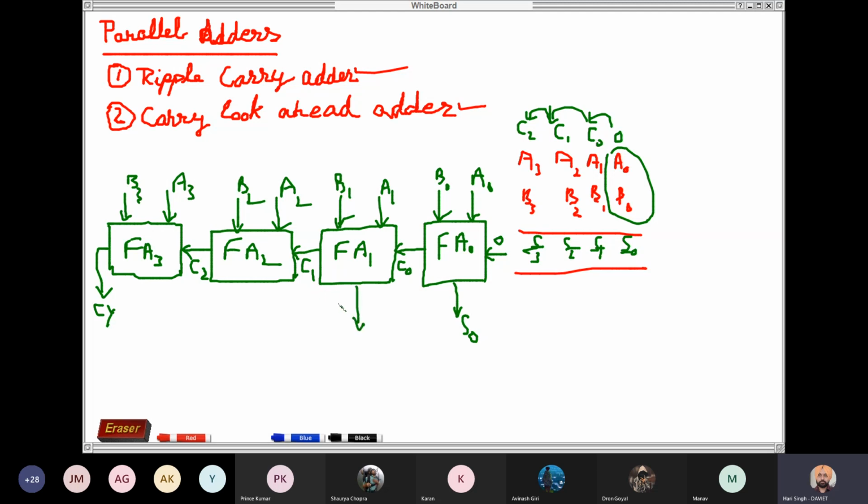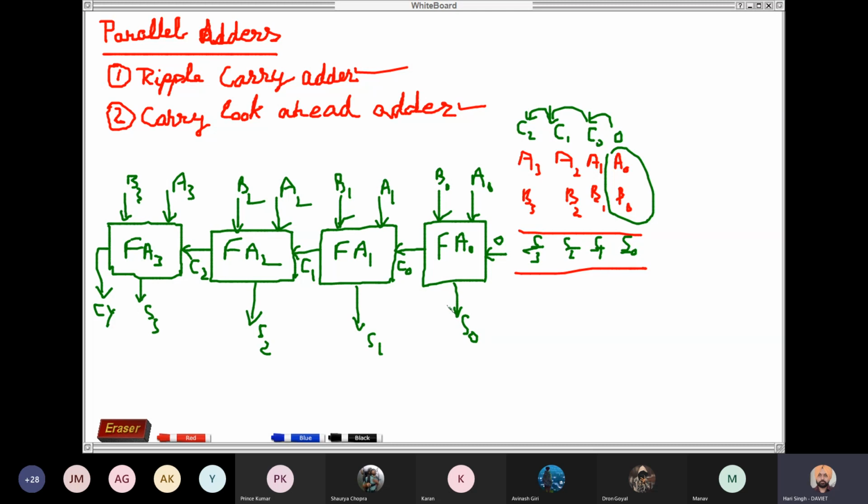So S0, then S1, S2, S3. Okay. So in this adder, that is ripple carry adder, carry propagates from full adder 0 to full adder 3, and then finally out of full adder 3.